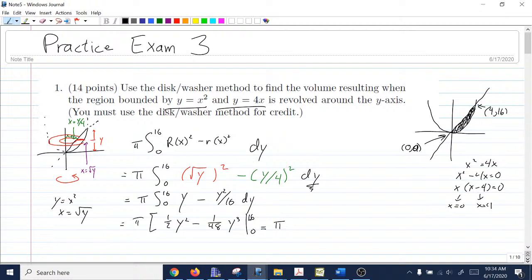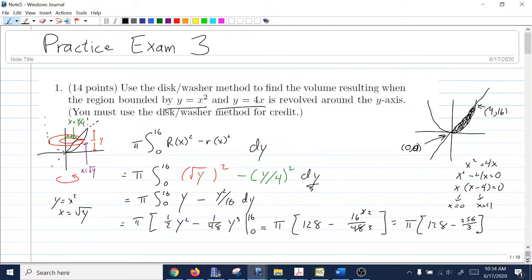Pi times 16 squared. Can I do that one? Yeah, I can. 16 squared is 256. Half of that is 128. Minus 16 cubed over 48. One of the 16s cancels. I'm left with 16 squared over 3. 16 squared is 256. So I need 128 minus 256 over 3.